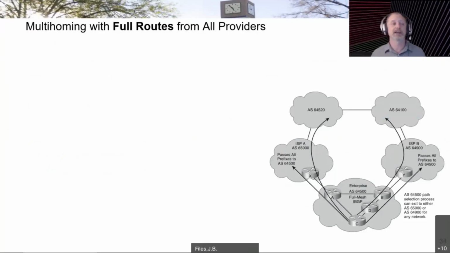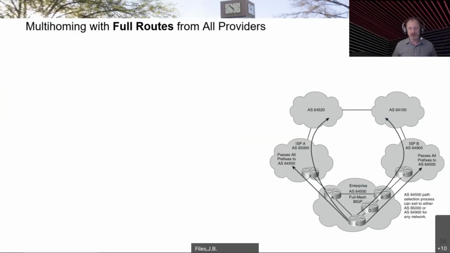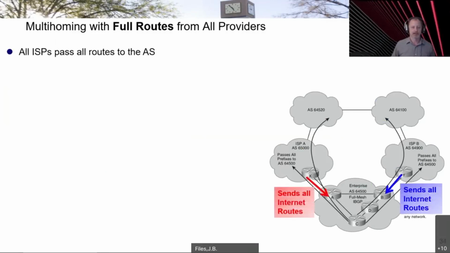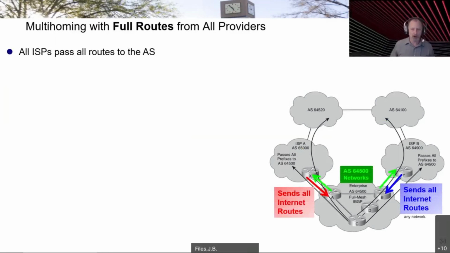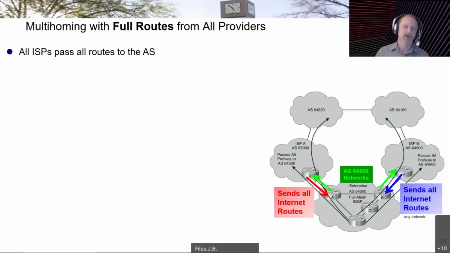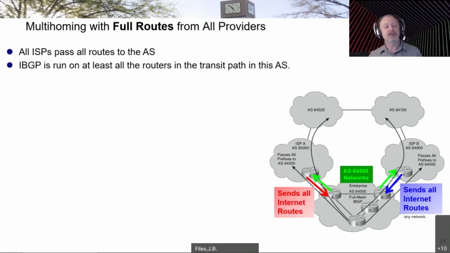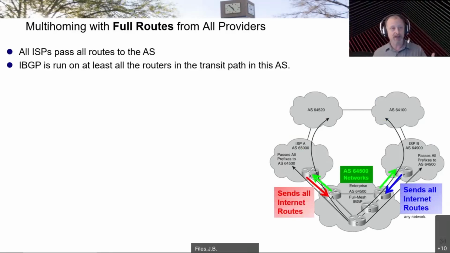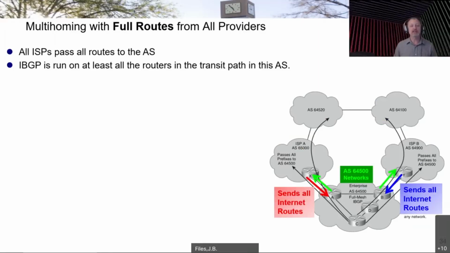The other option is we get the full internet routing table from each provider. Okay. No default route now. And then we're going to advertise our own autonomous system routes. So we're going to have iBGP, so interior BGP, running on all the routers in the transit path.